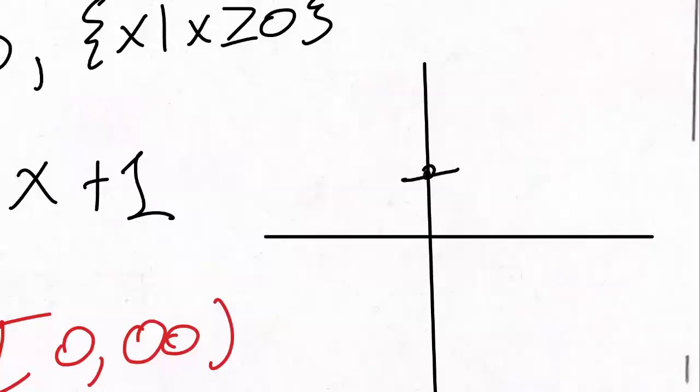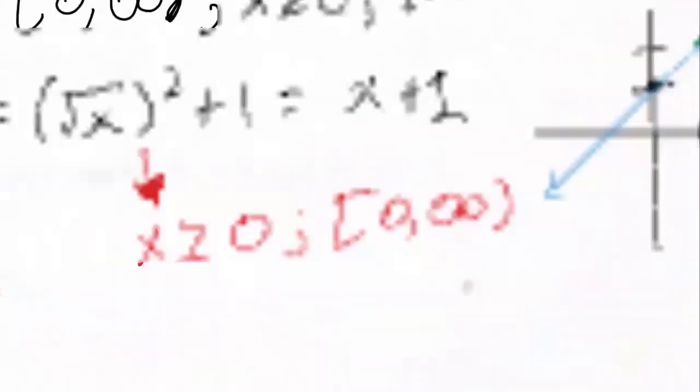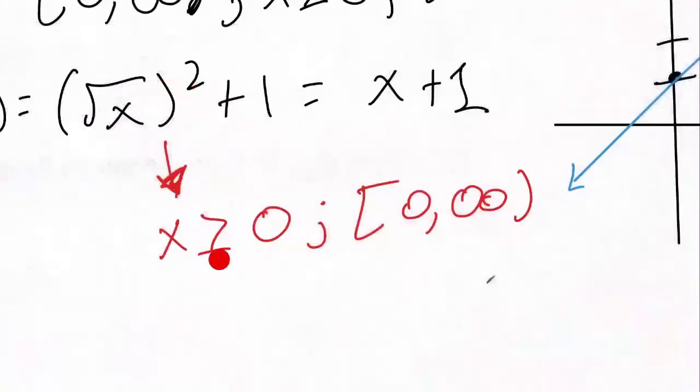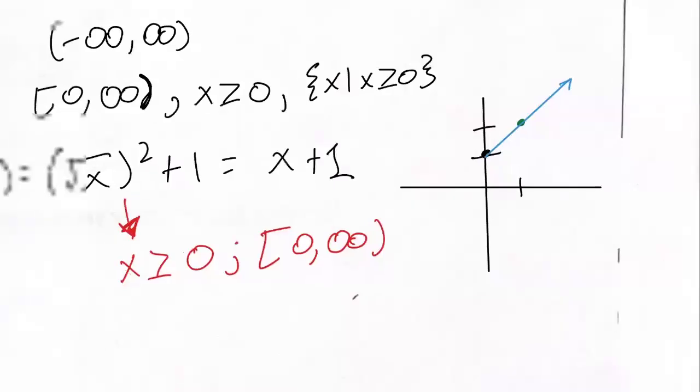The y-intercept is at 1, right? Rise over run, 1 over 1, right? And then you can use a ruler to graph it. But then you have to use the restriction of the original function, which is x greater than or equal to 0. So you can just erase everything on the left-hand side, and that's how you get the actual graph for it.